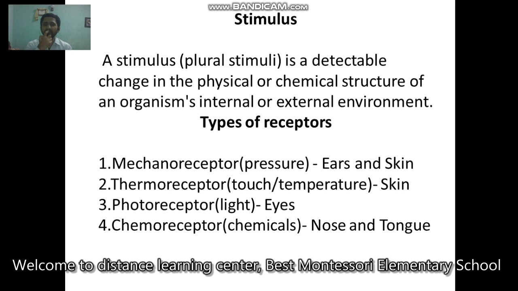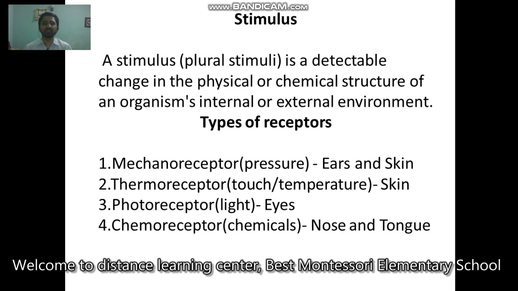And these stimuli are received by receptors that are present in the sensory nerve cells. There are four types. The mechanoreceptor receives pressure. The thermoreceptor receives temperature.